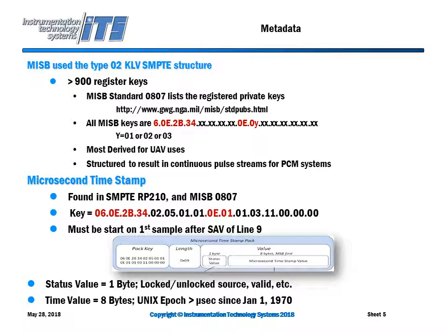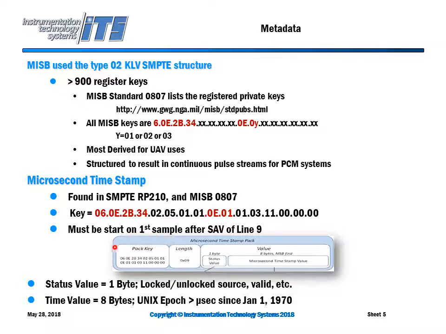The microsecond timestamp is a standard structure that contains 8 bytes. That is the number of microseconds since January 1st, 1970, which also happens to be the Unix epoch. There is 1 byte preceding those 8, which is a status that identifies whether it's valid time, whether the time was taken from a locked source, locked to a standard such as GPS. And the balance of it is the key number and its length, which would be 9 in this case.